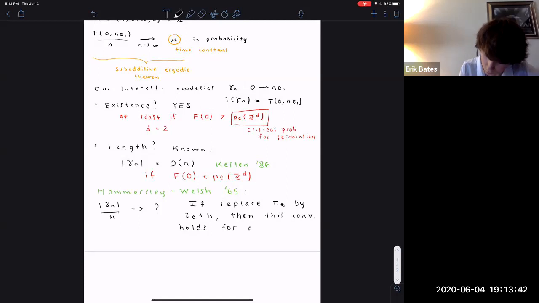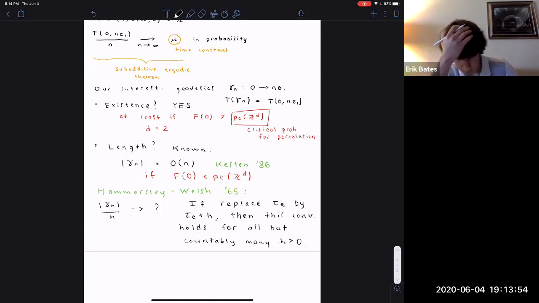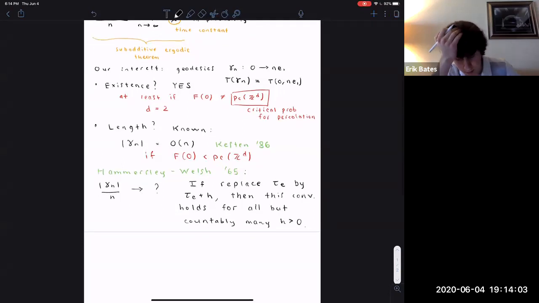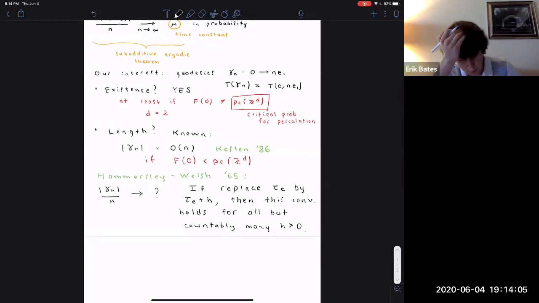And this holds for all but potentially countably many h. And we don't know which h it could potentially fail for, so that's kind of the mystery of the whole thing. And the set of h for which it would fail does depend on the edge weight distribution of tau e.